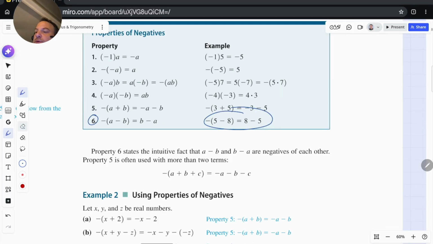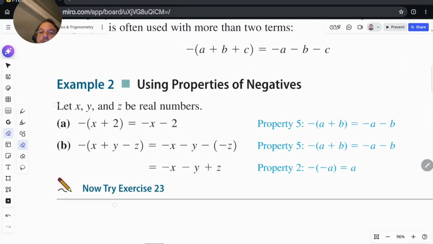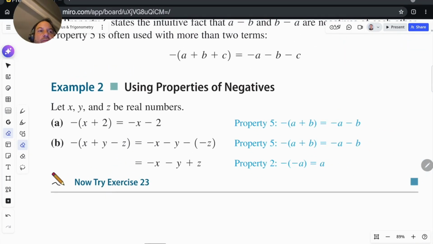All right, let's go to example number 2, using properties of negatives. Let's assign our properties here. x, y, and z are real numbers. So we begin with a. Which property applies to negative (x plus 2) equals negative x minus 2?